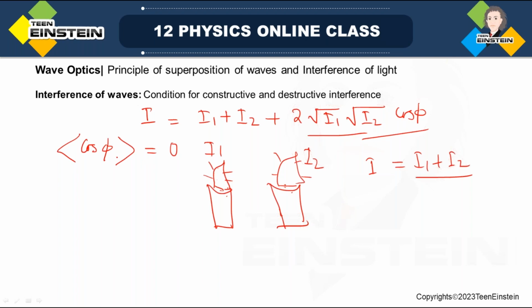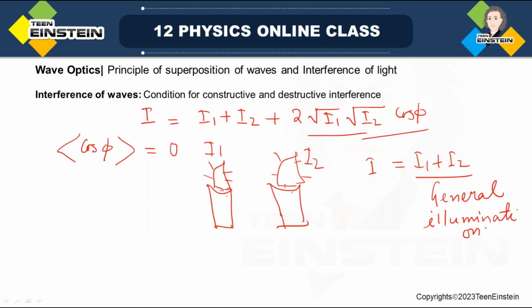If the phase is changing continuously or randomly, it will give you 0. Average of cos phi will be 0, hence there will be no interference, and then what you get is called general illumination. Okay, this is called general illumination.